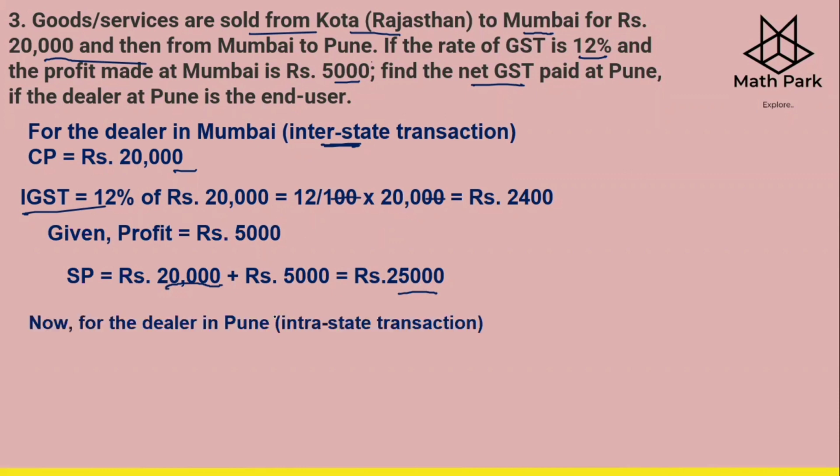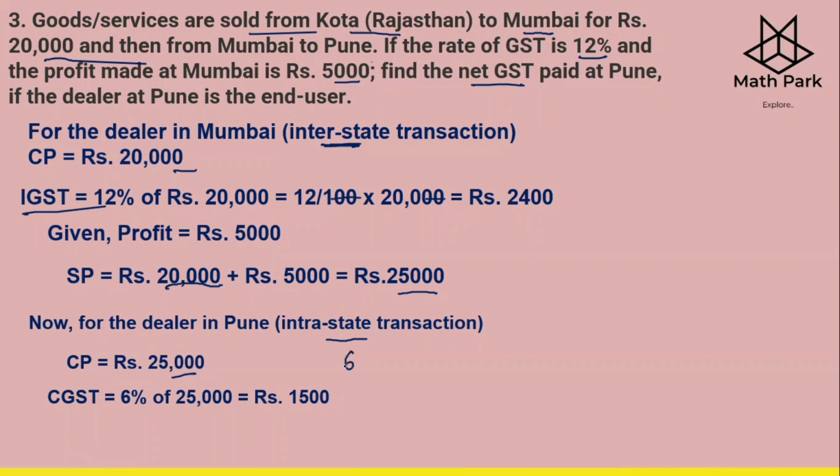Now, for the dealer in Pune, that is an intra-state transaction, we need to calculate the CGST and SGST. So CP is 25,000. Since it is 12%, it splits 50-50, that is half of 12: 6% goes to the central government. So CGST is 6% of 25,000, that is 6 by 100 times 25,000.